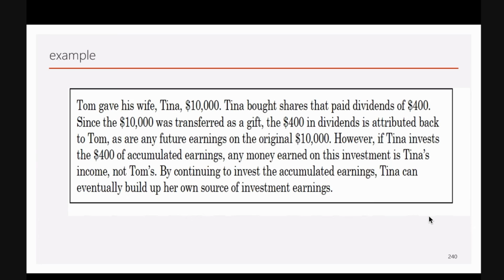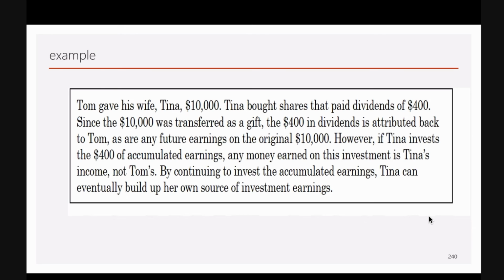For example, this year Tina got a dividend of 400, then next year 500, and the next year another 500. So the total is, for example, 2,000. Then Tina uses this 2,000 to do another investment, to purchase stock.